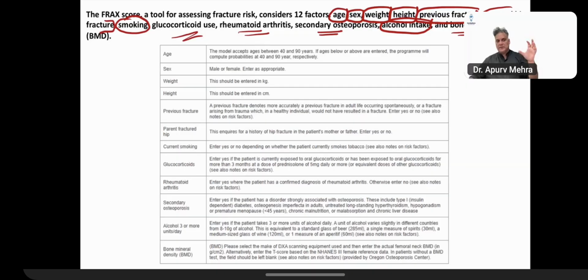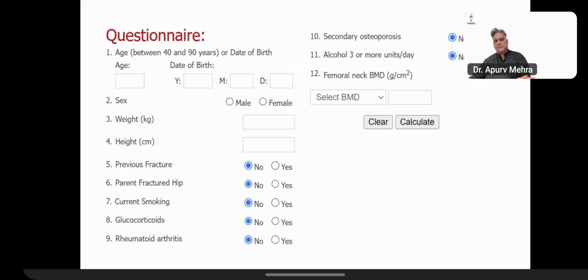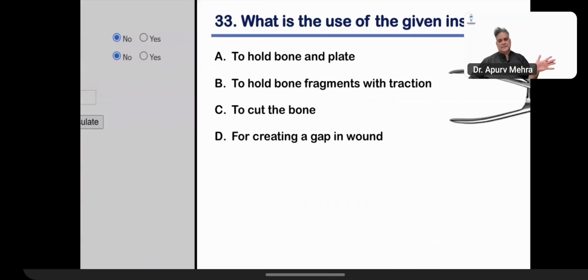Glucosteroid use means steroid use. So these are the 12 things. There's a questionnaire for these points to calculate the chances of fractures, called the FRAX score. This is very commonly used in the USA.